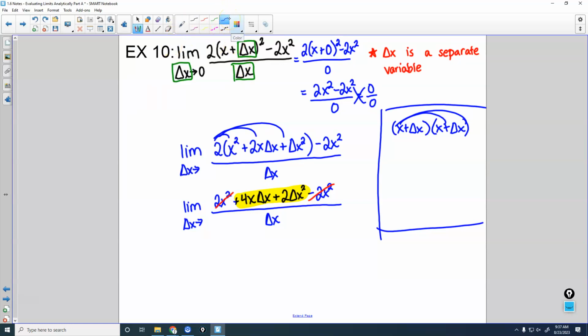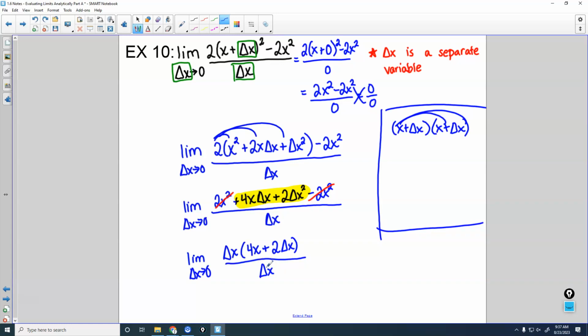Since they both have delta x's, what could I do with one of those delta x's? I could factor it out. So I've got the limit as delta x approaches 0. I'm going to factor out that delta x. So that'll be 4x plus 2, and I'll still have one delta x that's there with my 2 over delta x.